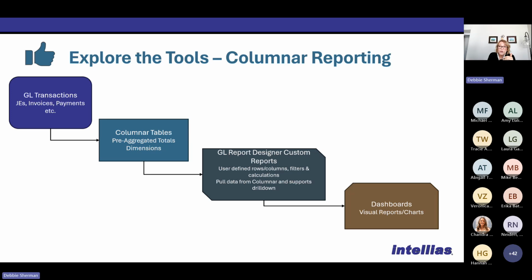The GL Report Designer custom reports can then feed into your dashboards, which allow you to provide visual reports and charts. Because of this, these dashboards can very quickly be updated because that columnar data running behind already contains that aggregated data. So across the board, it's really supporting your financial reporting, dashboards, etc.